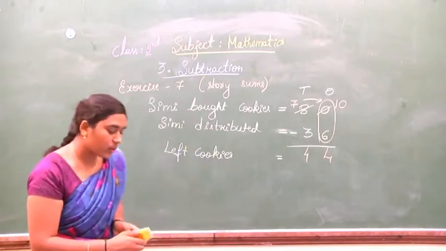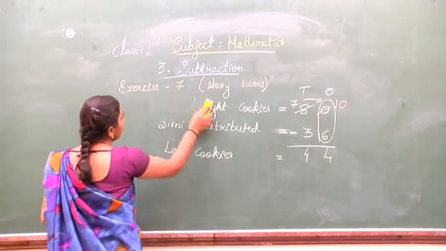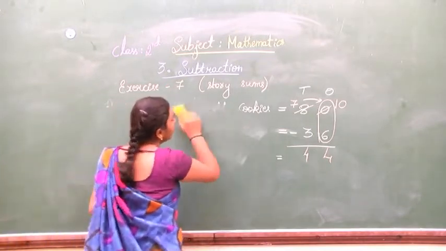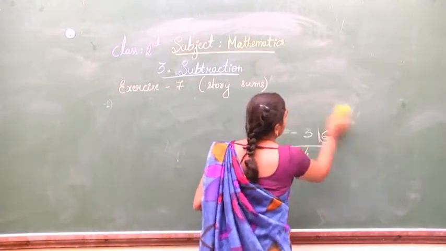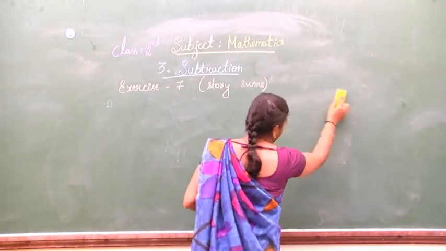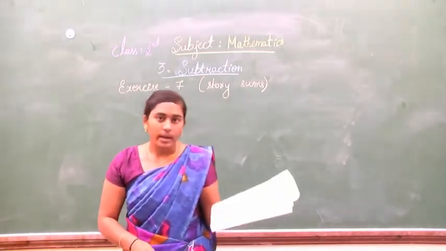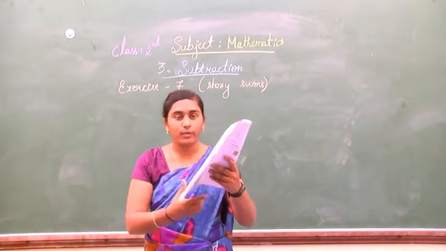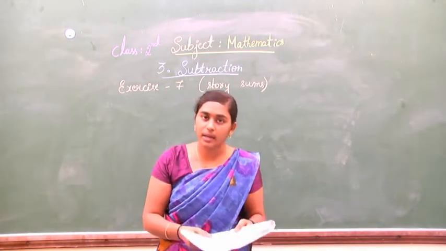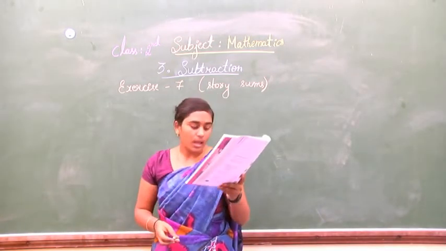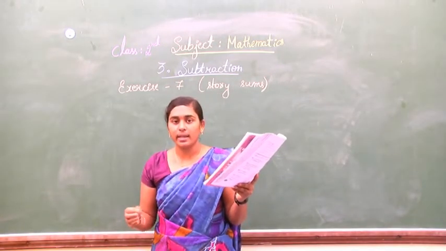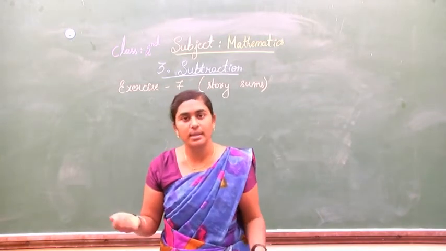Let's see the second question. Read out the second question. In class 2 there are 46 girls and 38 boys. How many more girls are there? How many more is also a subtraction.